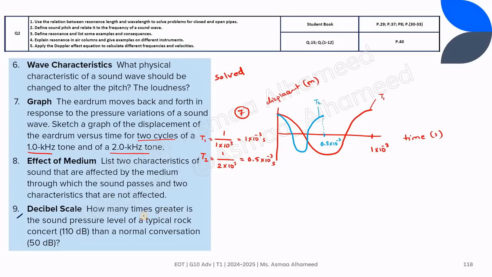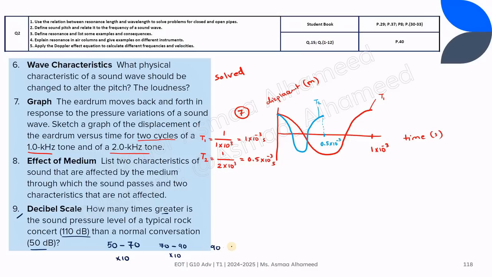How many times greater is the sound pressure level of a typical rock concert, which is at 110 dB, than a normal conversation, which is at 50 dB? So how do we know? We say that every 20 dB is 10 times. So when you go from 50 to 60 and 70, this is times 10. Now from 70 to 90, this is another 10.